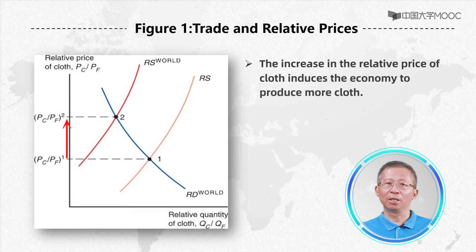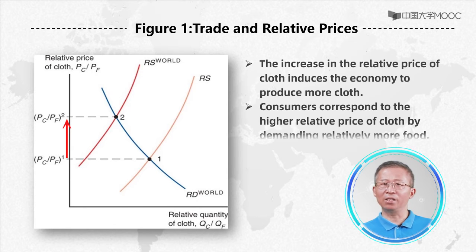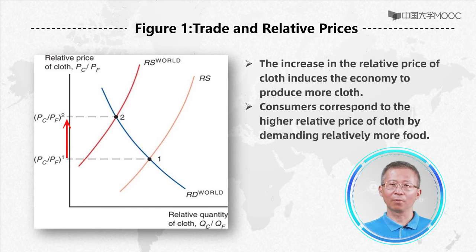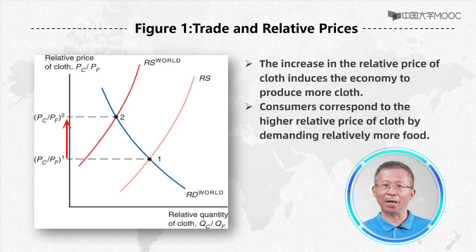The increase in the relative price of clothes induces the economy to produce more clothes. Meanwhile, consumers respond to the higher relative price of clothes by demanding relatively more food. At the higher relative price of clothes, the economy exports clothes and imports food.